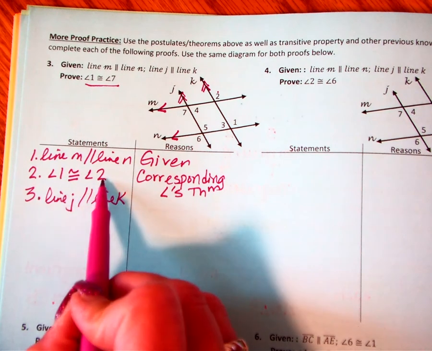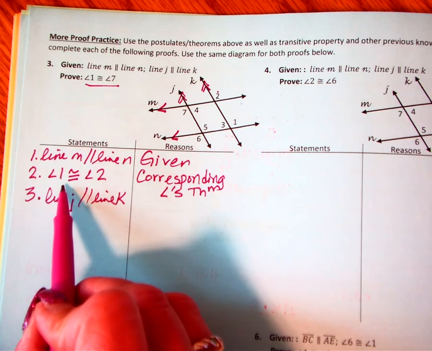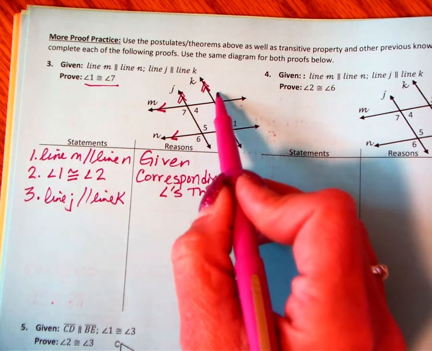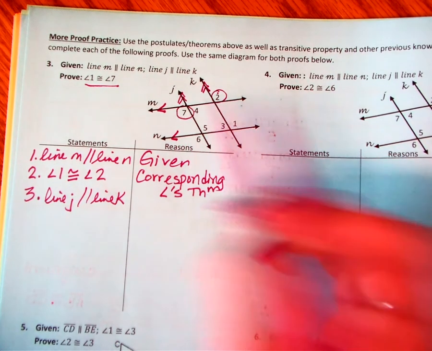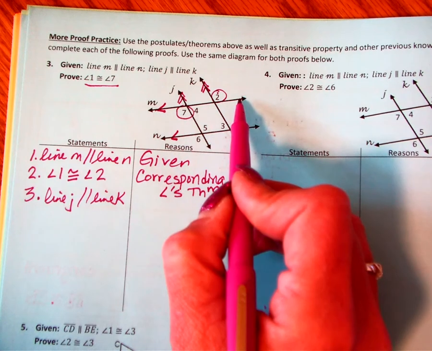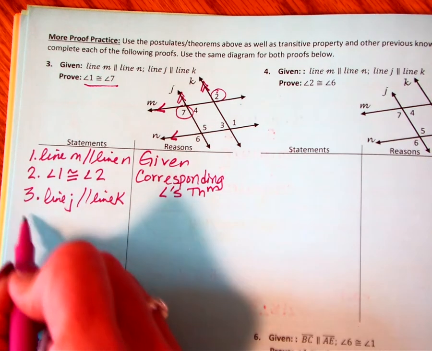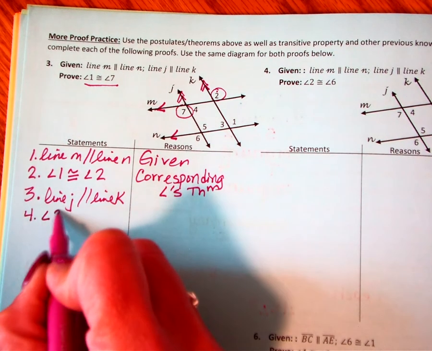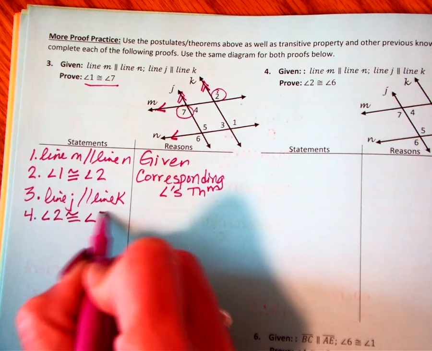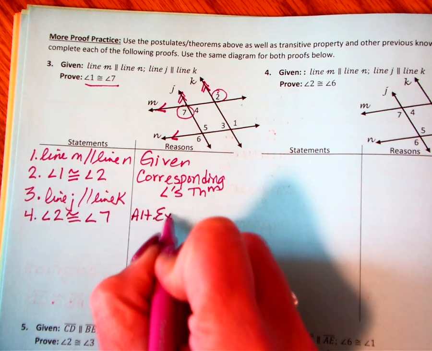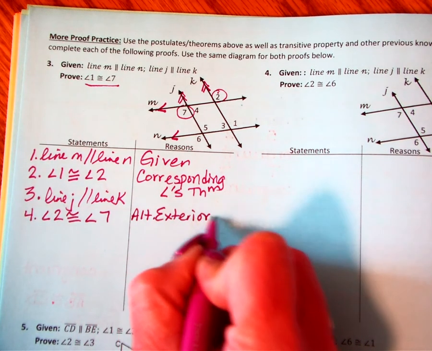I just used 1 and 2, so can I use 1 or 2 with these that also uses 7? And I see here I've got 2 and 7 because here's my transversal. Okay, so because of line J and K being parallel, I can say angle 2 is congruent to angle 7. And that is the alternate exterior angles theorem.